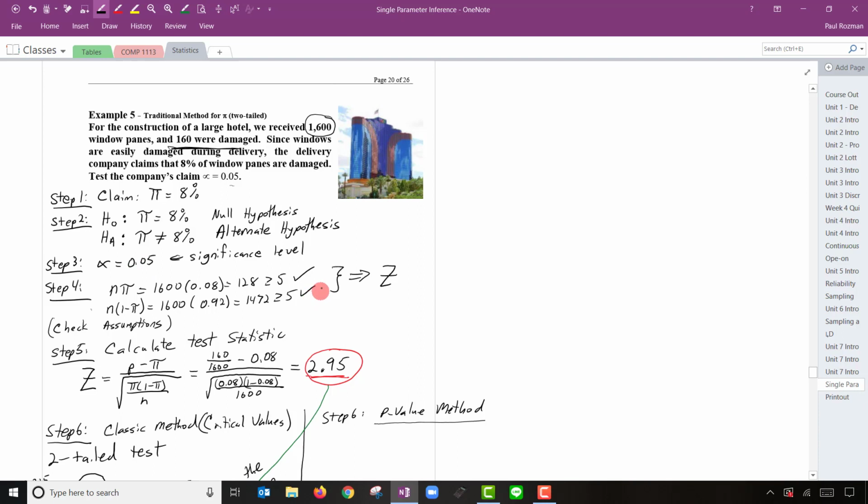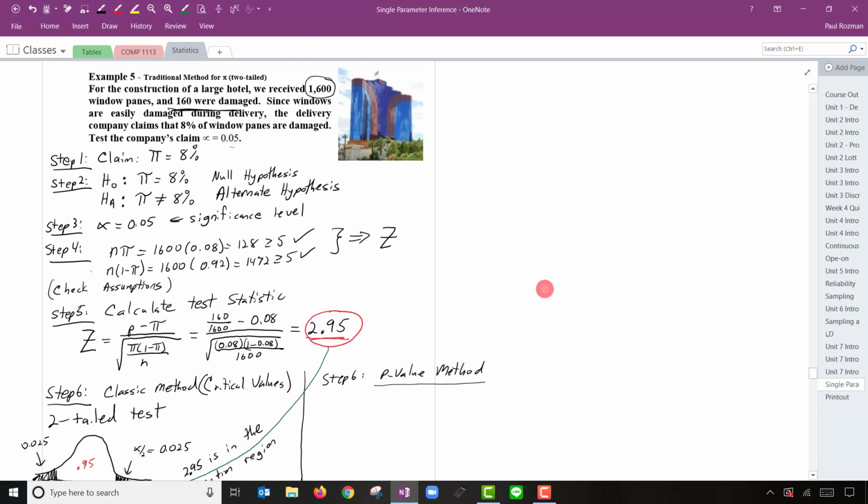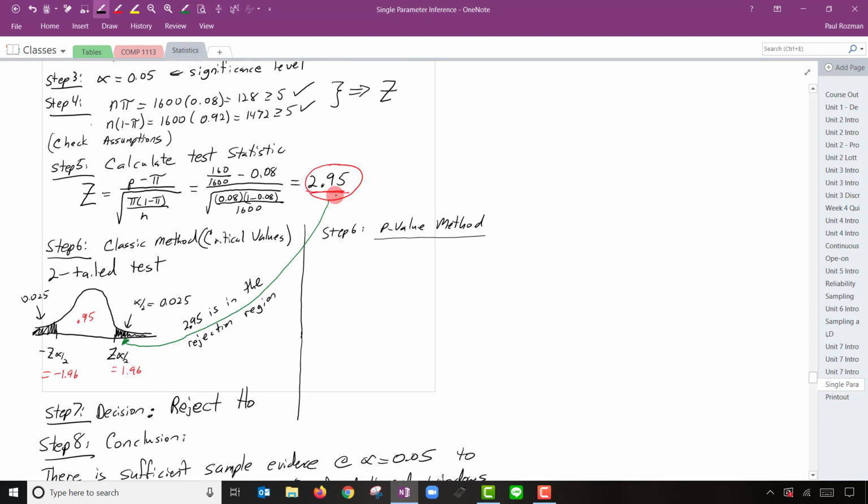Then we check to make sure that we can even do the problem. Then we calculate a test statistic. Then we want to evaluate our test statistic. One way is to compare it to critical values. If your test statistic falls in the rejection region, you reject the null hypothesis. If this number had fallen between negative 1.96 and positive 1.96, then it's not in the rejection region, and we would have failed to reject the null hypothesis.